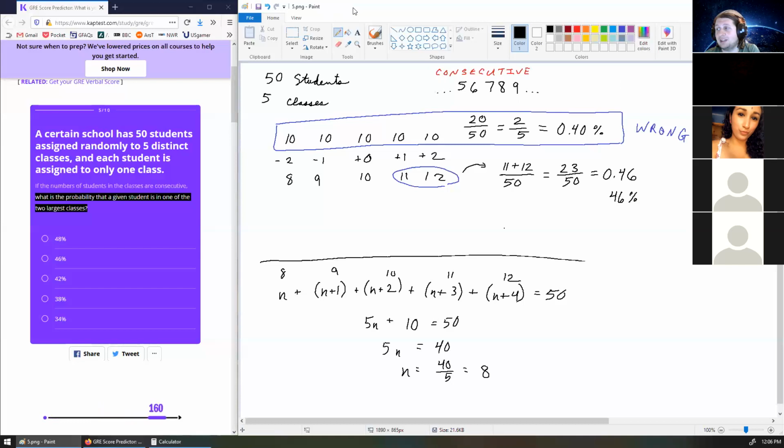It's mostly about, first of all, do you know what probabilities are and how to find them? Does everyone see how we went from these numbers, the 8, 9, 10, 11, 12, to a probability? Like why we said 11 plus 12 divided by 50. Is anyone unclear about how we did that?